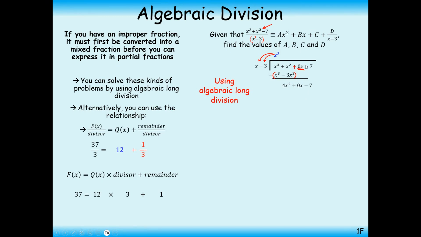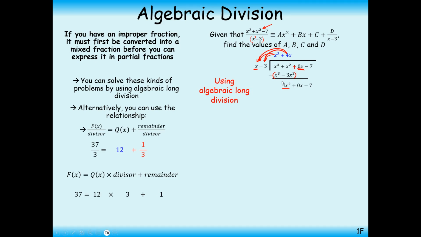Now, as I said, there wasn't any x in the initial question, but we write 0x. That's the same as no x. Then we ask ourselves, what needs to be multiplied by this x here to get us 4x squared? The answer is positive 4x. So we're going to put positive 4x next to x squared and multiply positive 4x out with each of these terms.